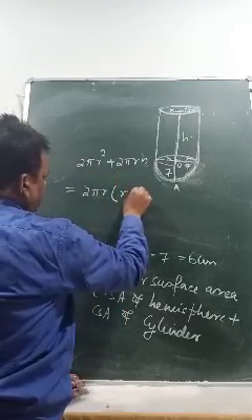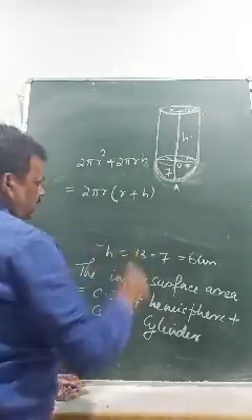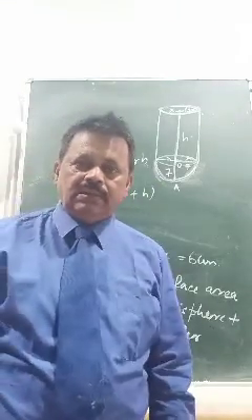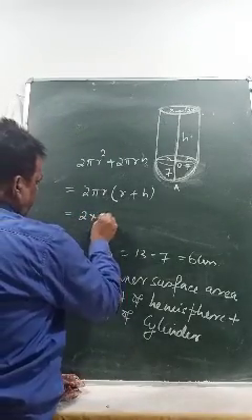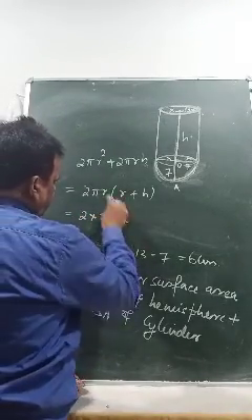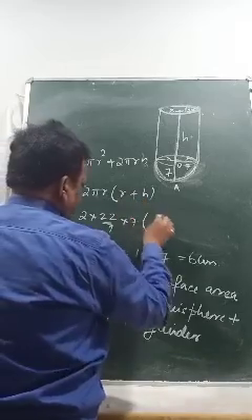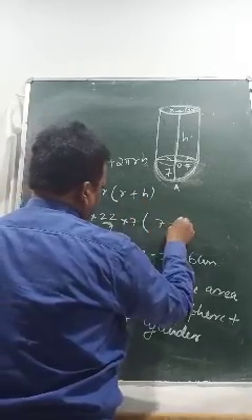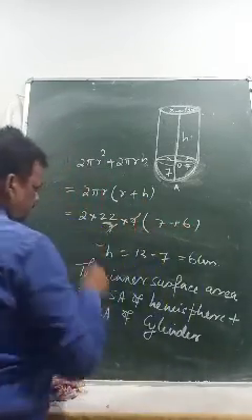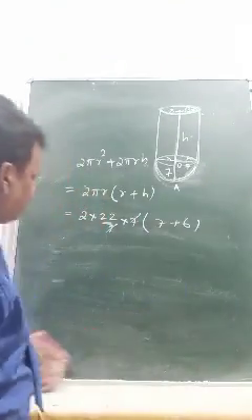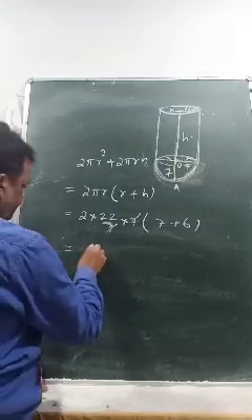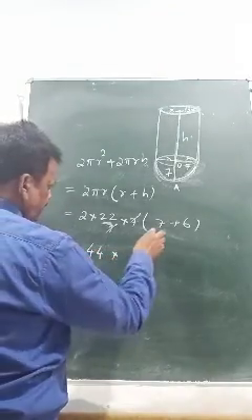Here is r, here is h. Okay, now you put the value. 2, 22 by 7, r you got 7, here is r, 7 plus 6, 7 cancel. How much you got? You got 44 into 13.